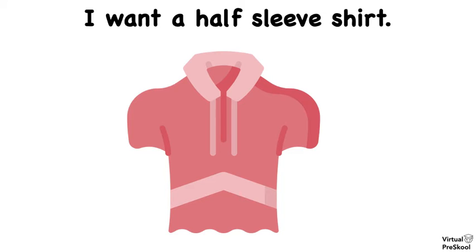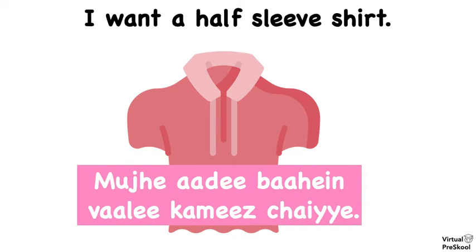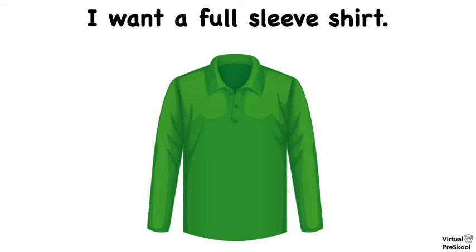All right, now let's practice this new vocabulary in full Hindi sentences. To say, I want a full sleeve shirt, how would we say that in Hindi? I'm going to give you a few seconds to think about it before I show you the answer. All right, let's take a look. मुझे आधी बाहें वाली कमीज चाहिए. What about this one?